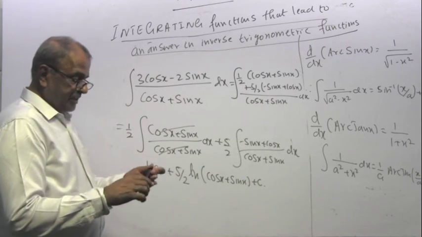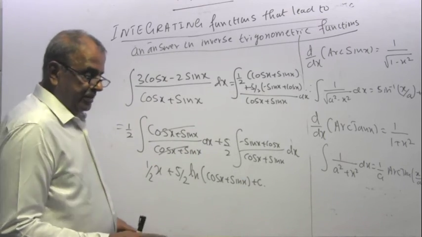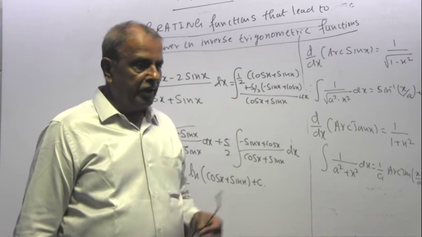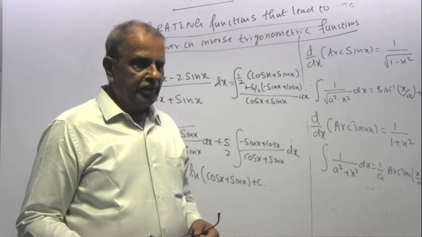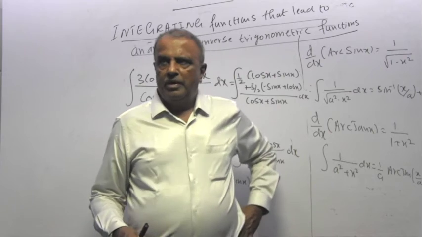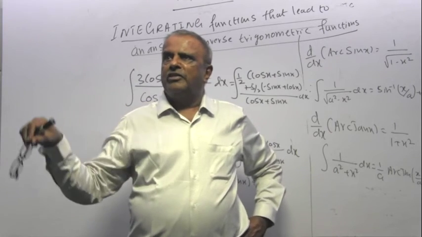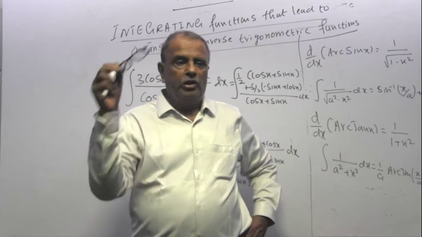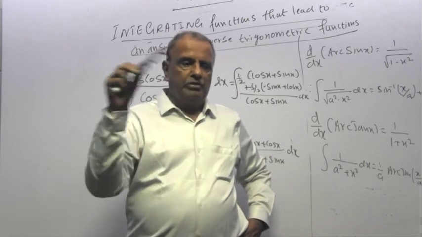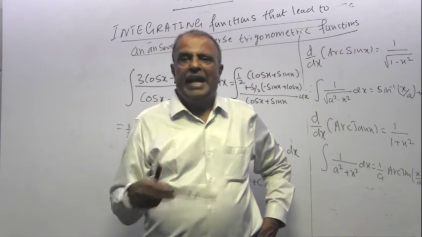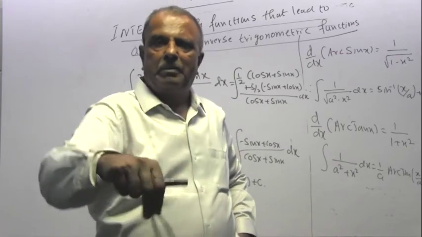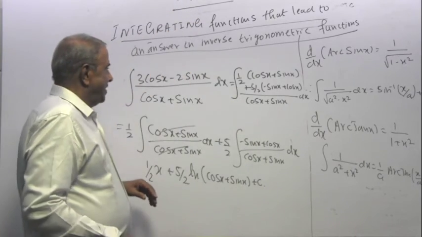In fact, if this question comes in the exam, it could as well come in an Edexcel exam or OCR or any other board. It says show that, or find a and b such that cos x plus sin x equal to a times (cos x plus sin x) plus b times (minus sin x plus cos x), and hence or otherwise evaluate the integral.